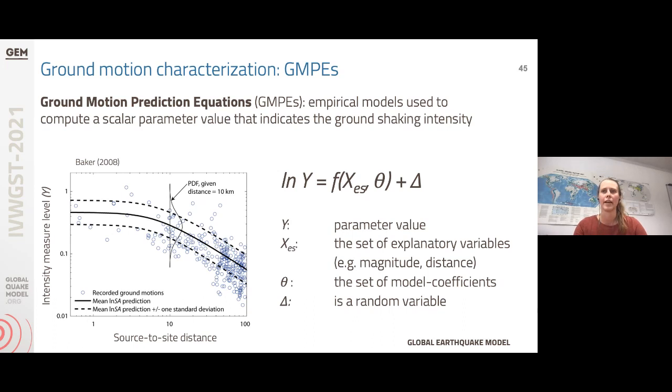Additionally, there's a random variable here called delta, which indicates that there is some aleatory variability within the ground motions that are observed for earthquakes that have common parameters. And so this is demonstrated in the figure on the left, where the intensity measure level is plotted against the source to site distance. And the median, the solid black line, is showing the mean prediction. However, the observations are scattered about the mean.